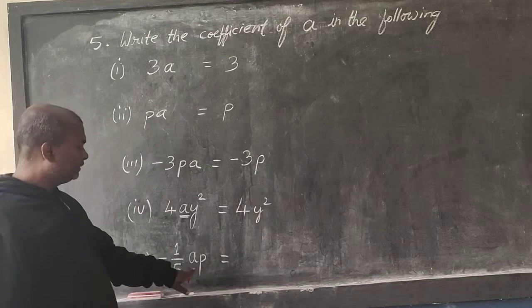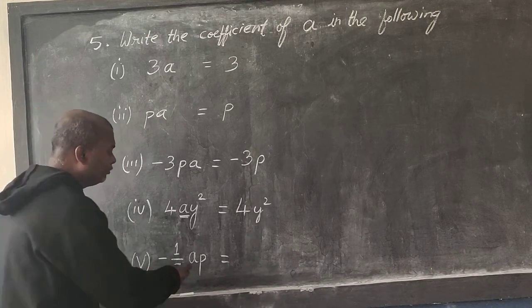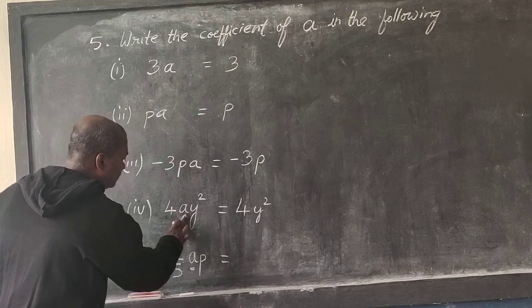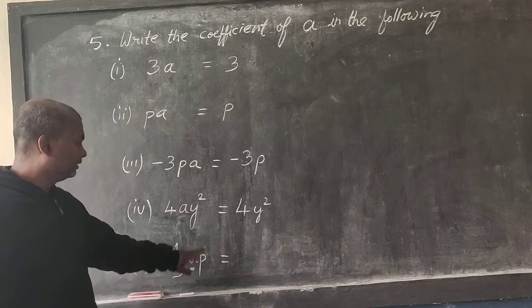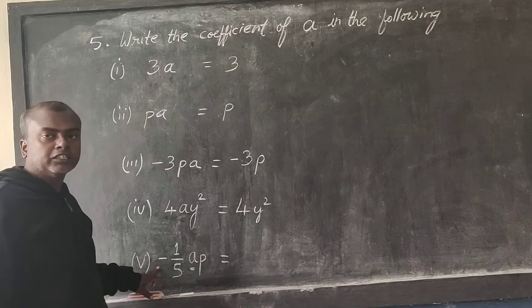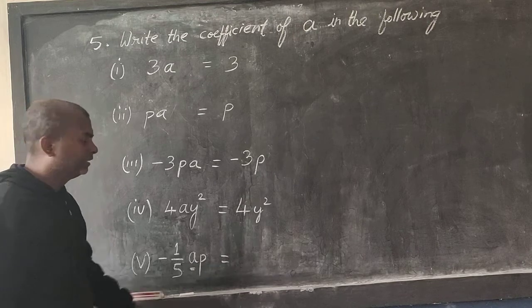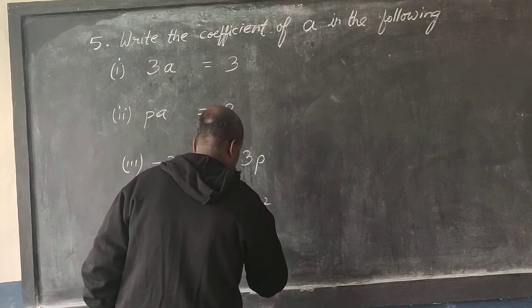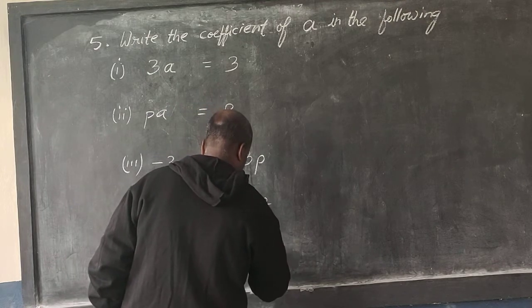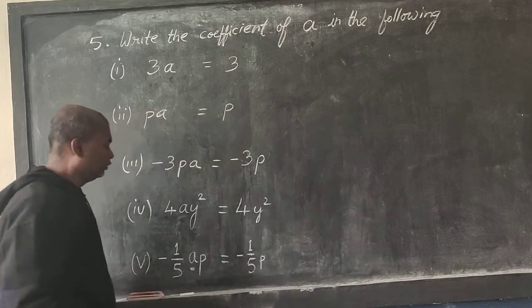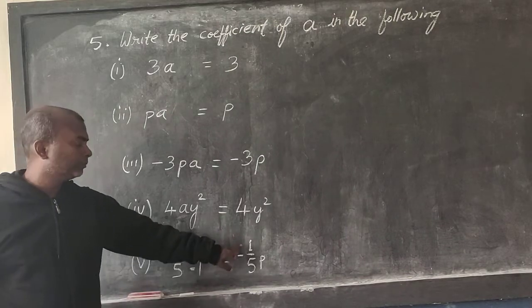Similarly here, coefficient of A, you leave out A from this particular expression and see the other terms that are there. You have minus 1 by 5P. So coefficient of A is minus 1 by 5P.